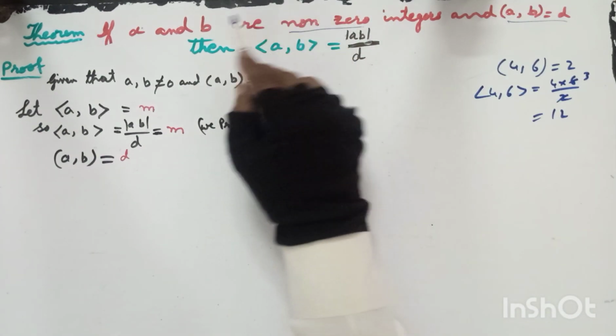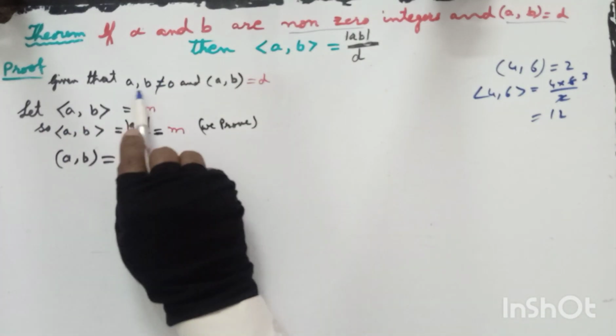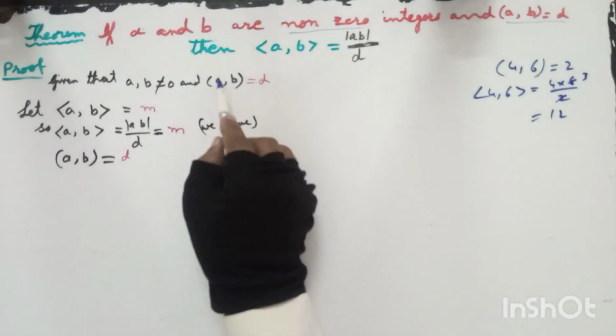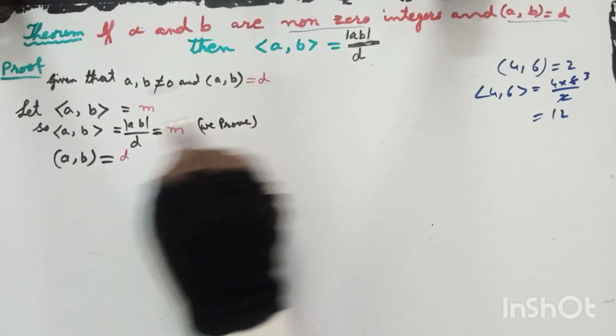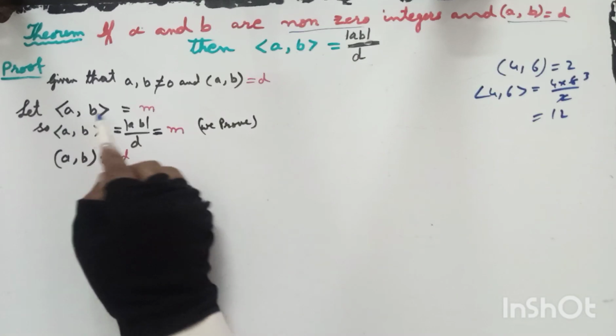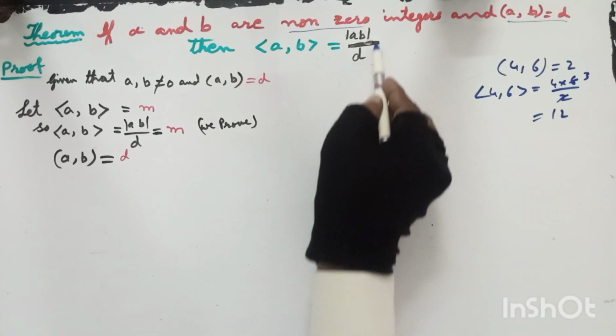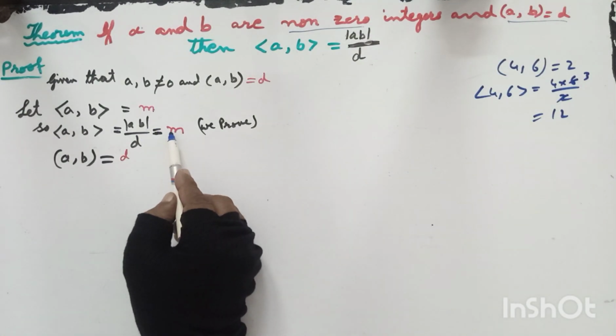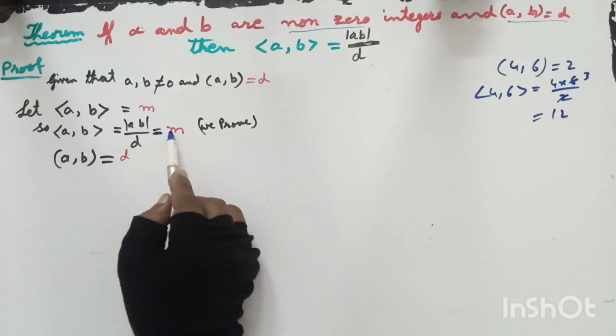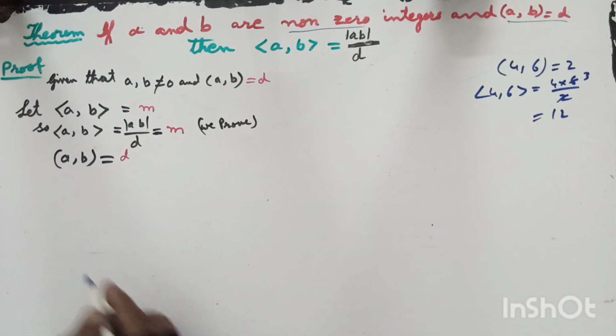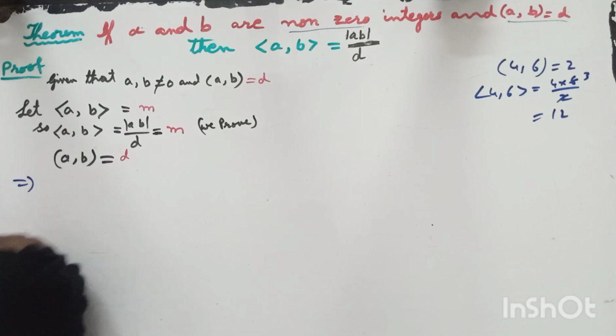Here two things are given: a and b are non-zero, and the GCD of a and b is d. We suppose that their LCM is M. Actually I want to prove that the expression must be equal to M. What does it mean?